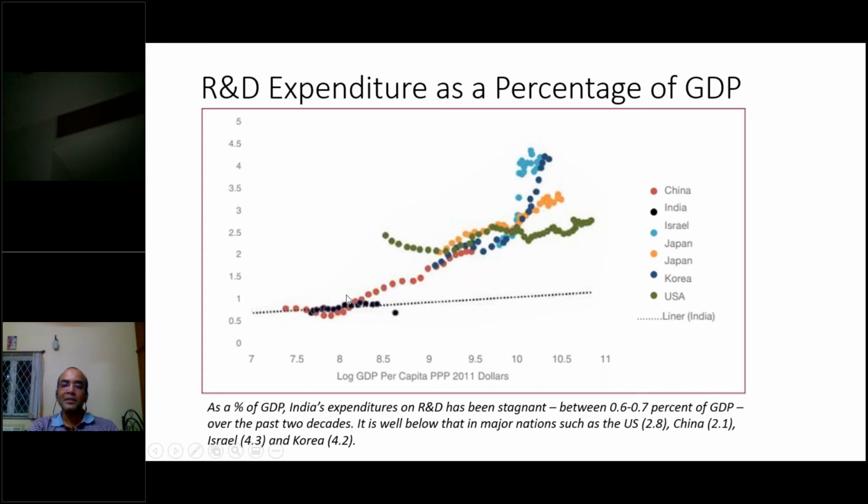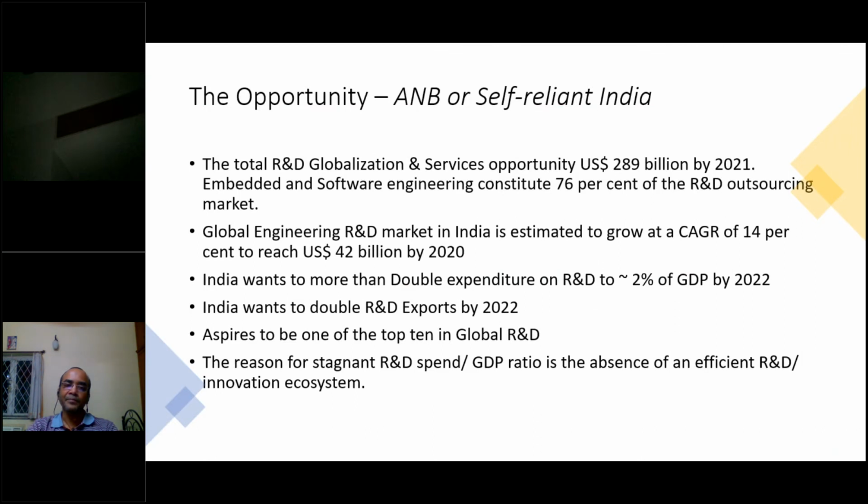This is something that didn't happen in our country. And if you look at a country like Israel, represented here, they spend about 4.5% of their GDP on R&D. So that determines the success of the country itself, in terms of the amount of money you spend on R&D and innovation. That, to some extent, measures the success of you as a country.